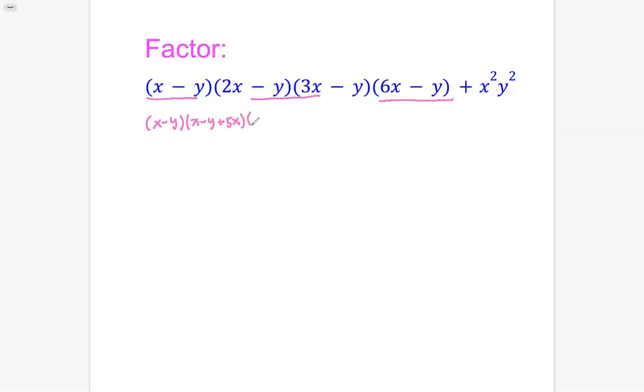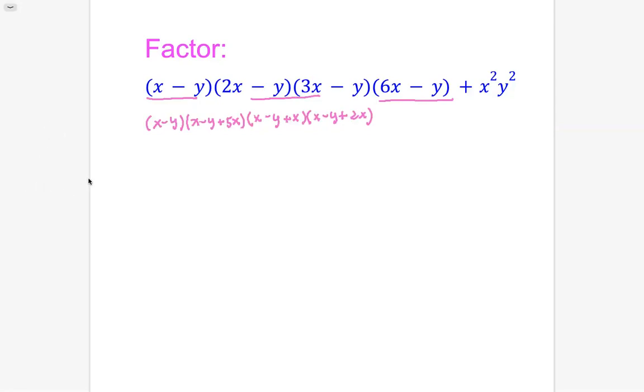So similarly, we want to write 2x minus y as x minus y plus x. In this case, we still have 2x. We want to write x minus y plus 2x, right? We just rewrite them. But we want to create something in common for them.